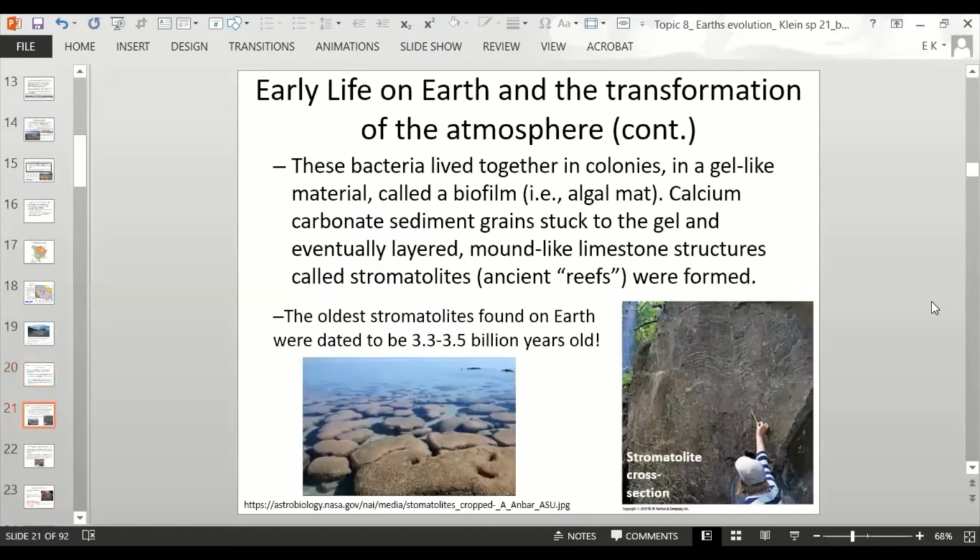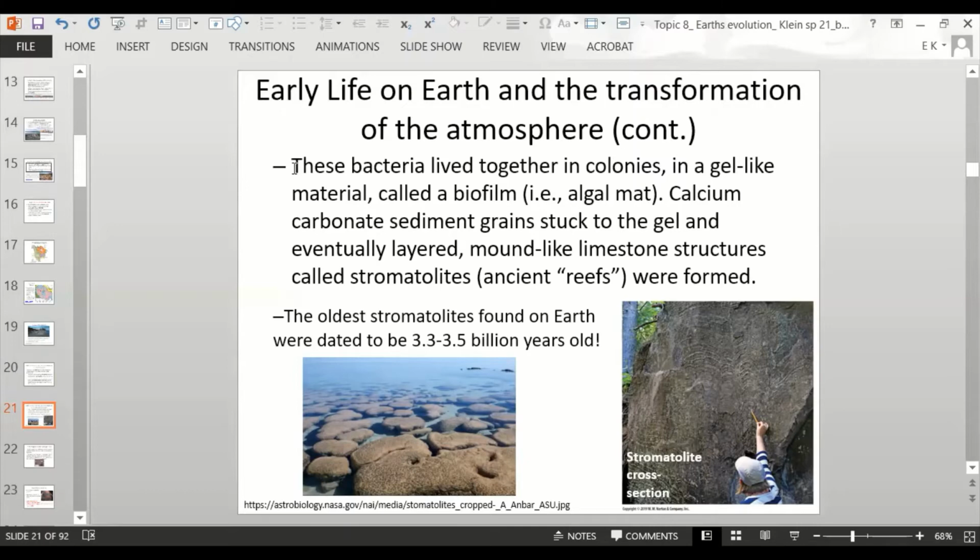This was a very big change, actually. So it's pretty exciting. So these bacteria lived together in colonies in a gel-like material that we call a biofilm, or an algal mat. So it's like this gel that the cyanobacteria lived together in. And then you had sediment grains get stuck to the gel, specifically calcium carbonate.